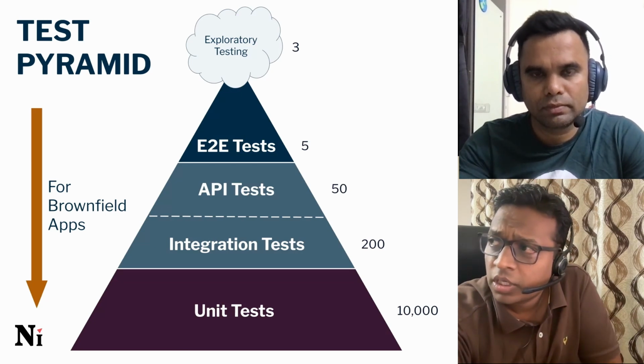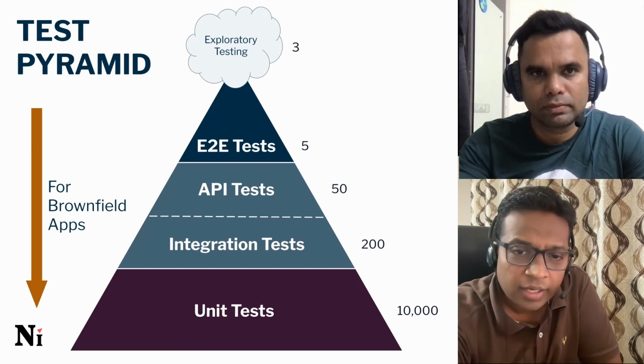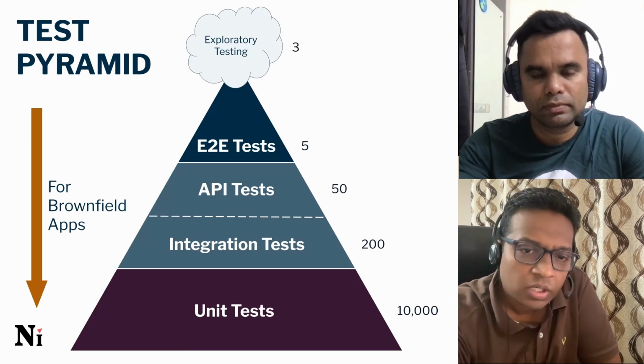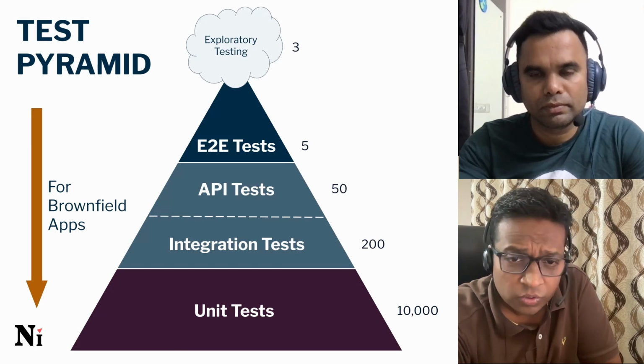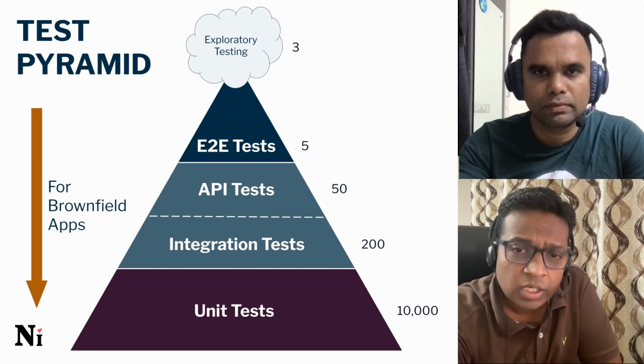So I have found it a fool's journey to try and write unit tests for existing code. It's just not useful to do. It takes too much time and doesn't give you success.